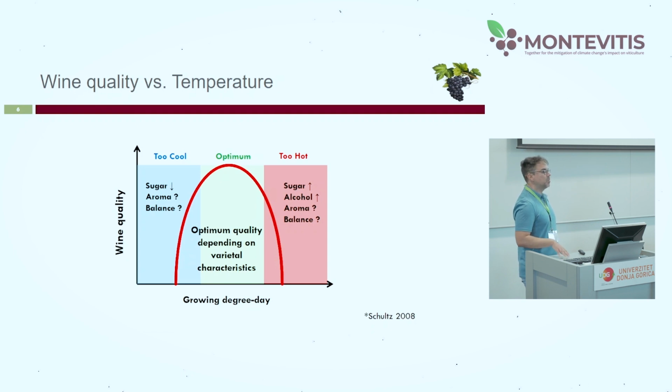Usually there are some optimum temperatures and optimum climatic conditions to develop good wines. Of course, this is not a rigid definition, that's why I have that arc there. There are some regions and some varieties that prefer cooler weather, and there are other varieties that can be planted in warmer weather.